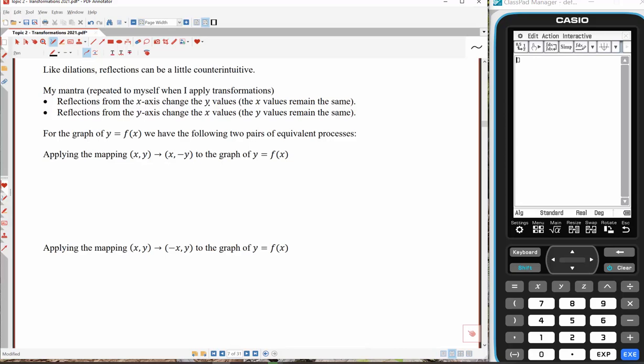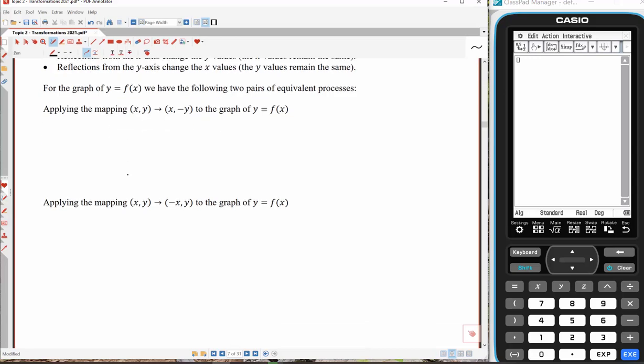Okay, so when we reflect, I apply the same mantra. Reflections in the x-axis negate the y values. Reflections in the y-axis negate the x values. So for the graph of f of x, we have the following two processes. x, y maps to x, negative y. So x dash and y dash go up there: x dash equals x, y dash equals negative y.